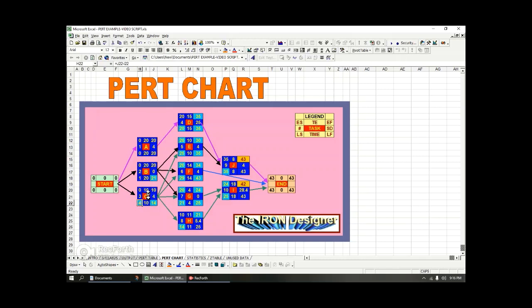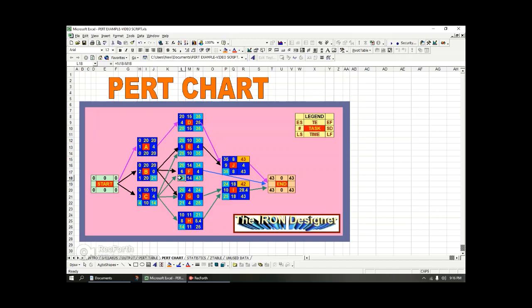You subtract the TE of C, and the LS, the late start for C, is 4, which means that C doesn't have to start on 0. C could start on day 4. And then if you backtrack for B, B also has a late start of 1. So it could start the day after A, and it wouldn't affect the CPM. That's what you're trying to determine, is anything going to affect the CPM.